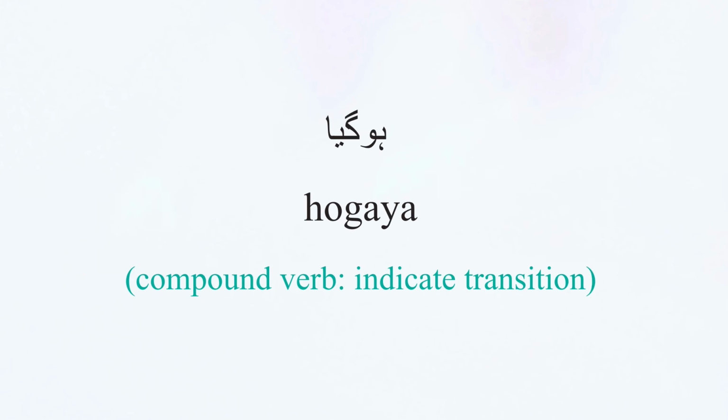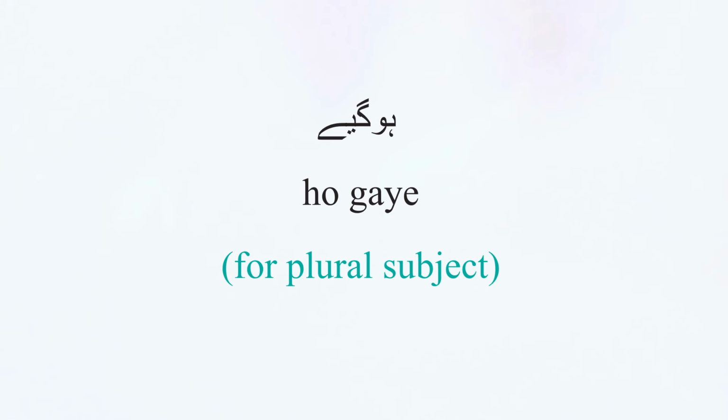So he moved to America. In this context, it's ho gaya because the subject dost is singular. If the subject is plural, it will be ho gaye. But here, is it just one friend who moved to America? We'll just say हो गया.